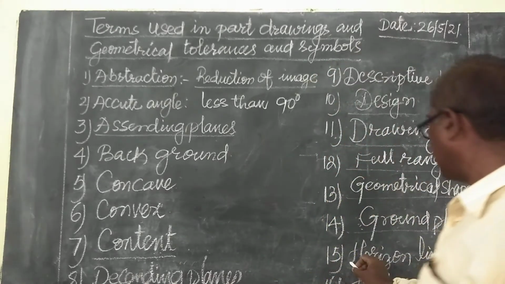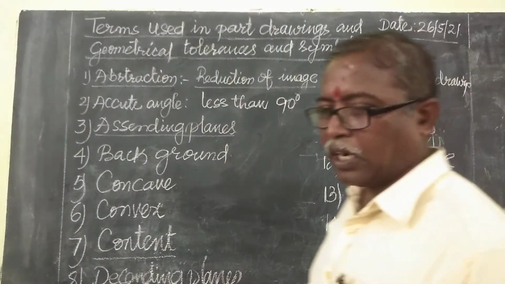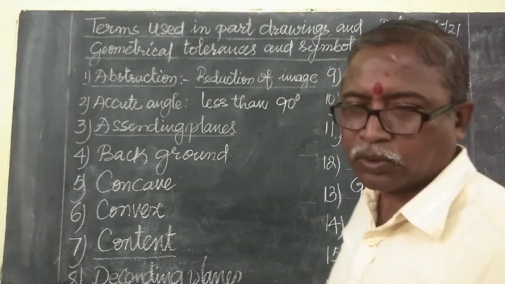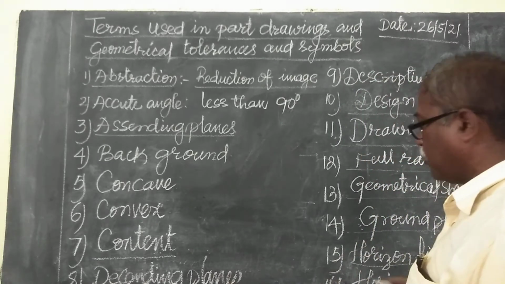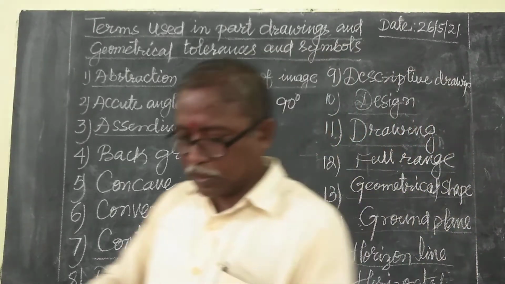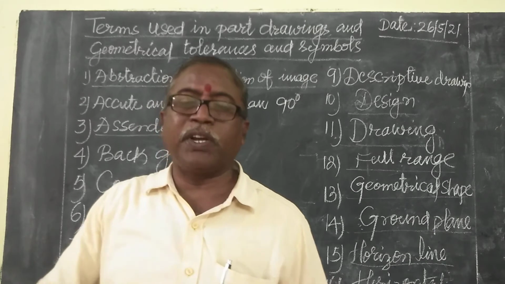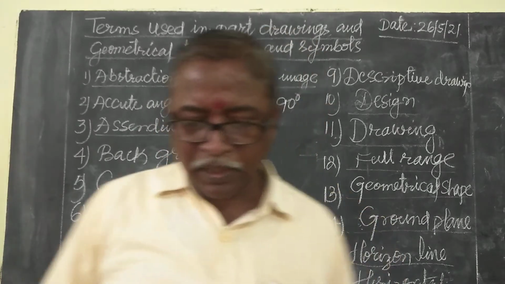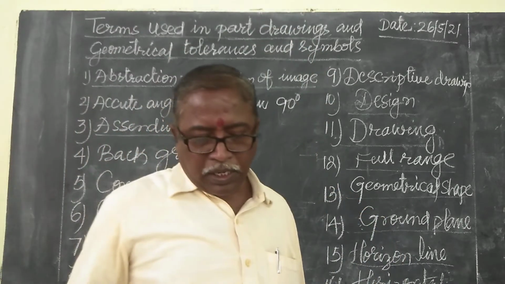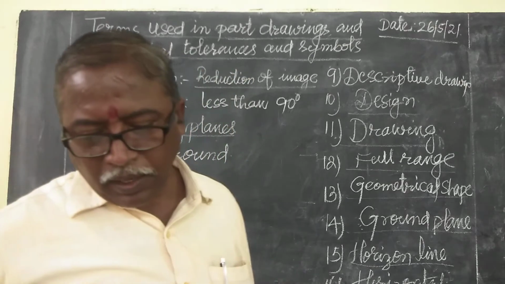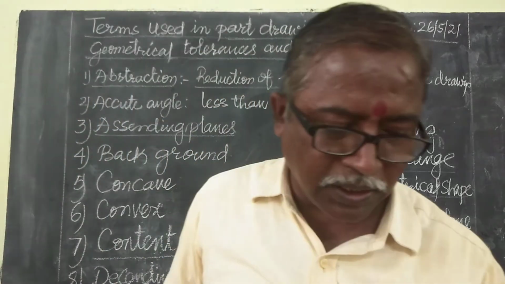Then next, horizon means the line which we can draw to show the parts. Horizontal means the line parallel to that horizon line. Next, idealized drawing.